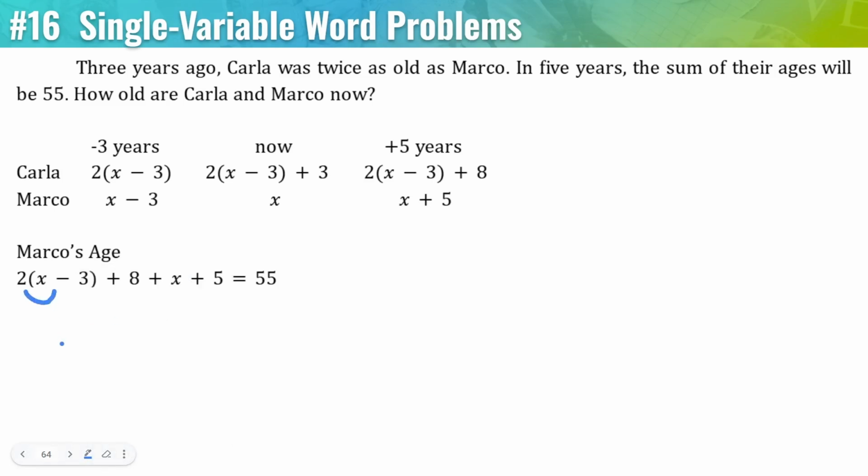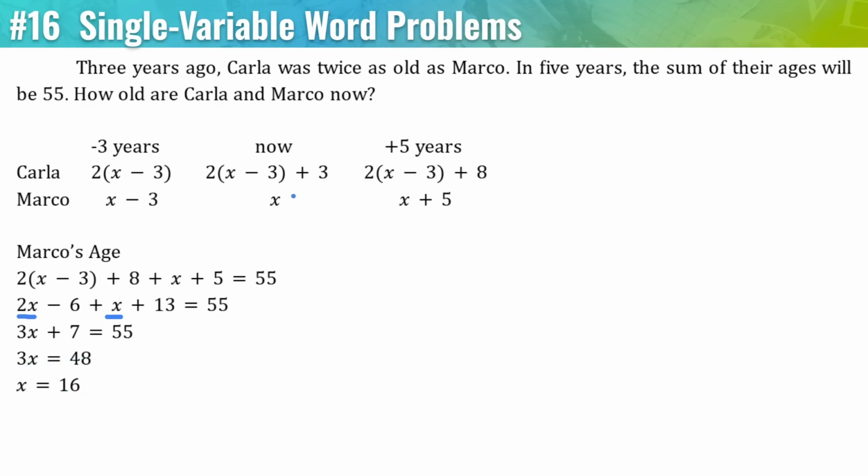So that's going to be 2x minus 6. And then all of the terms with x need to be isolated. So 2x plus x is going to be 3x, and 13 minus 6 is going to be 7. So 55 minus 7 is 48, and 48 divided by 3 is 16. So we know that now Marco is 16 years old. In the future, he's going to be 21, and in the past, he would be 13.